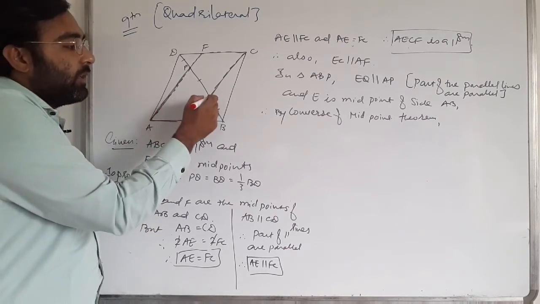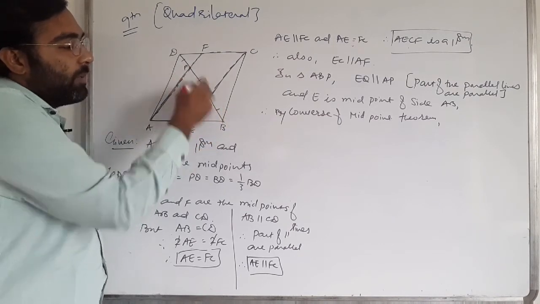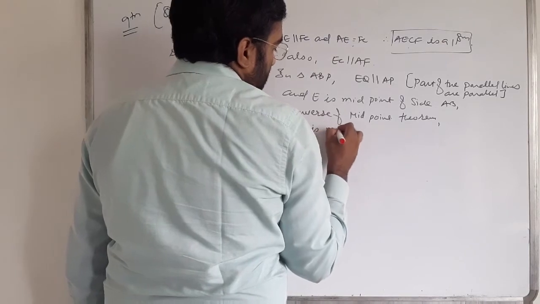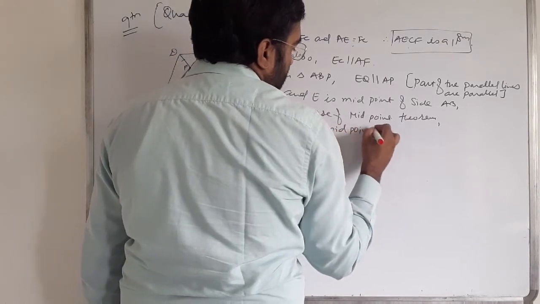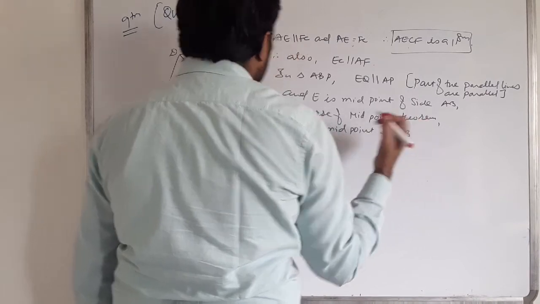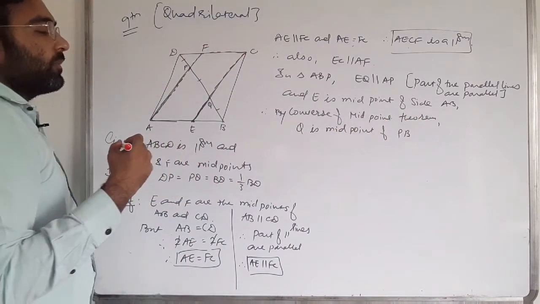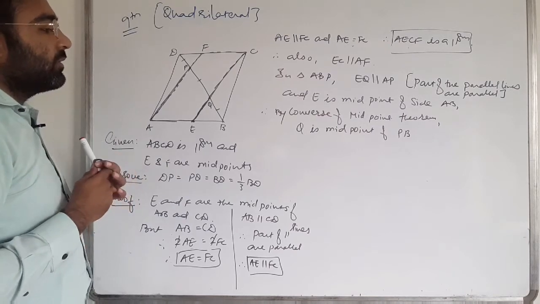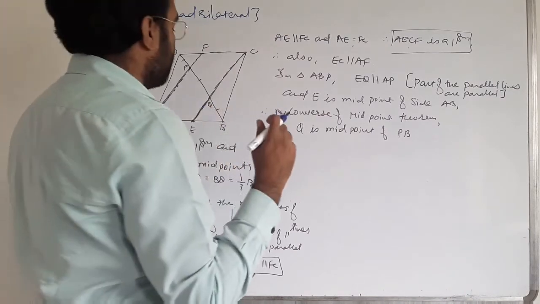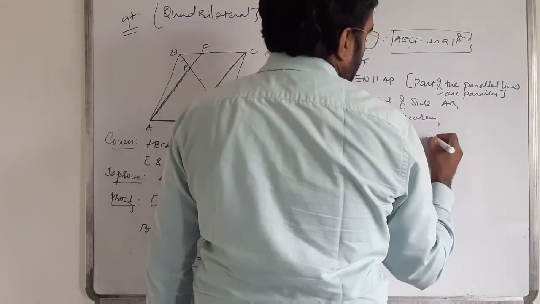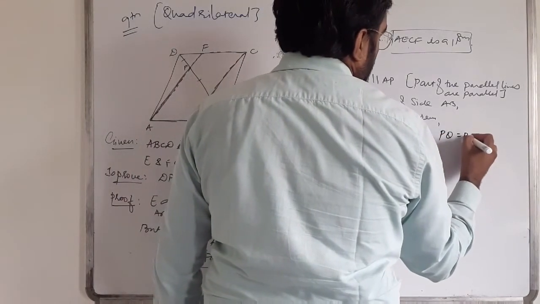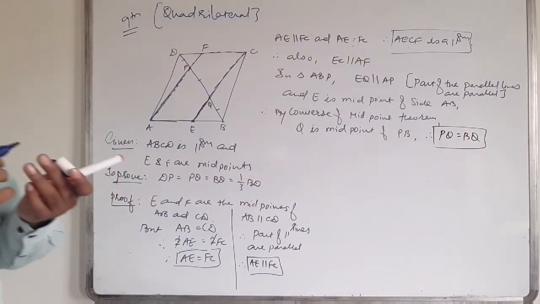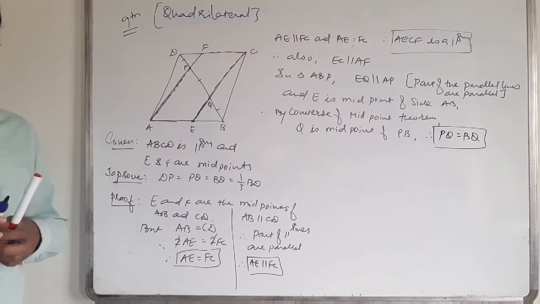So Q is the midpoint of PB. That's why we write BQ equal to PQ. Therefore PQ is equal to BQ. We are proving one thing here.